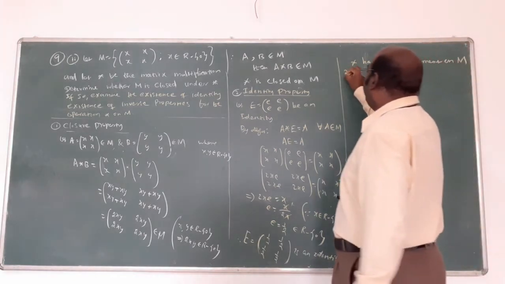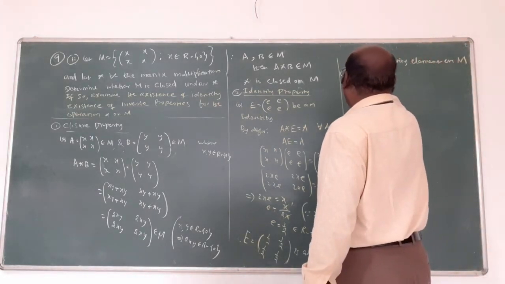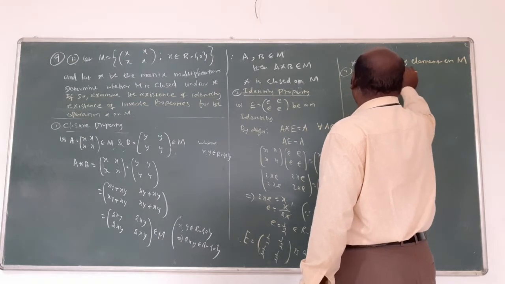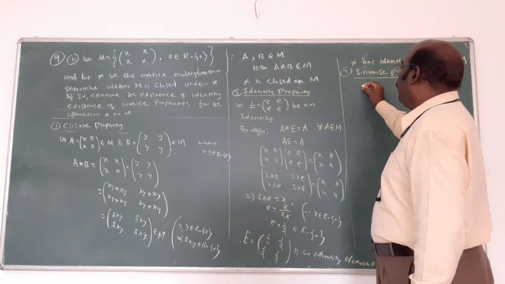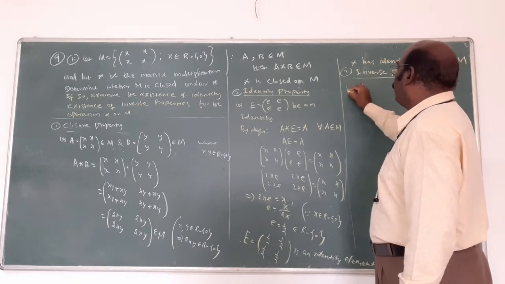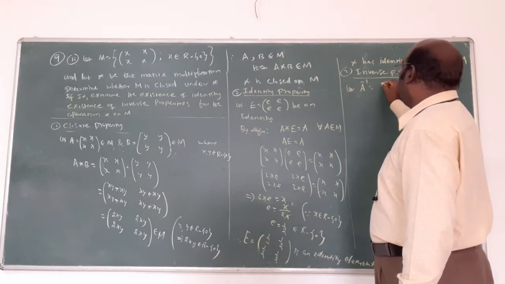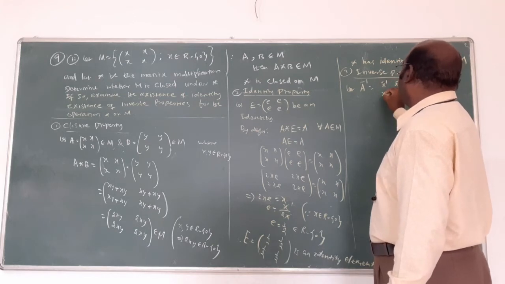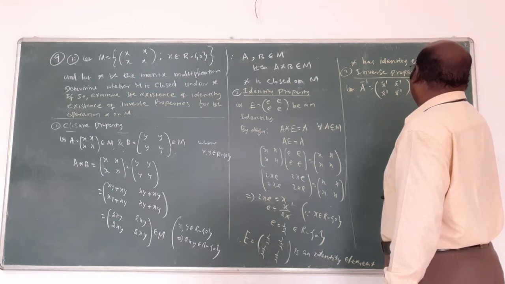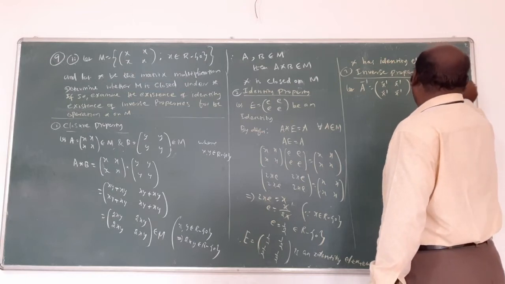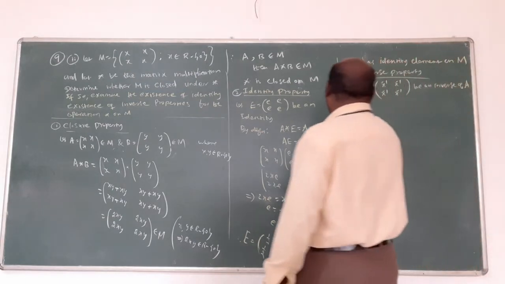Similarly, the third is the inverse property. What is the inverse property? We take the inverse of a. What is the definition?